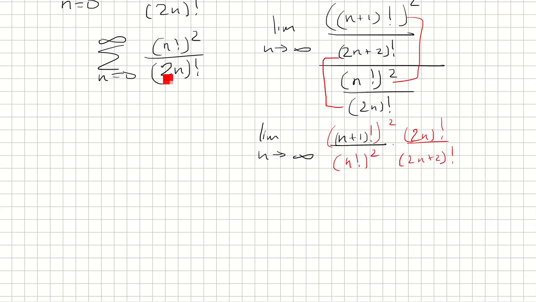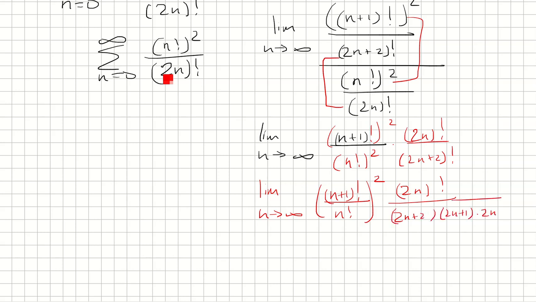So then we can bring it inside the square here. So we can have (n plus 1 factorial over n factorial) squared. And then here we have 2n factorial, and the denominator will just be 2n plus 2 times 2n plus 1 times 2n factorial, which the 2n factorial is going to cancel.